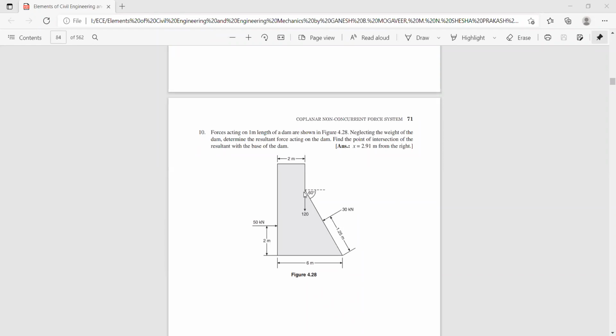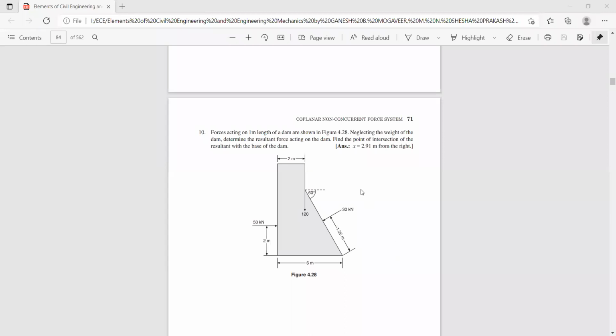You have a 120 Newton force acting in the downward direction. And if you resolve this force, its vertical component is 30 sine 30. Hence sigma Fy is minus 120 minus 30 sine 30. Here sigma Fx is positive and sigma Fy is negative, hence the resultant lies in the fourth quadrant.